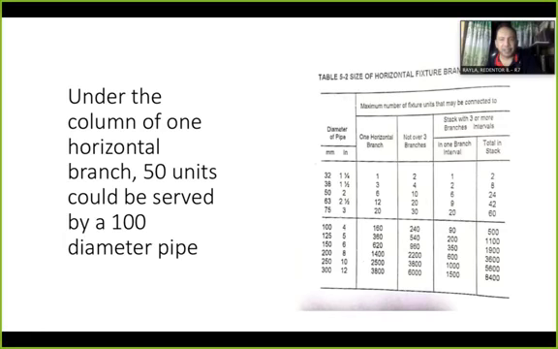Okay, this is 5-2. So 100 diameter pipe for the total fixture unit. So where is 50 here? 2 inch. So 2 inch. This is the total fixture unit here.